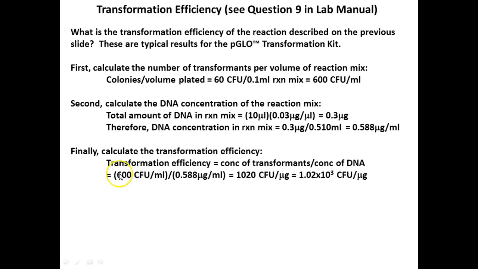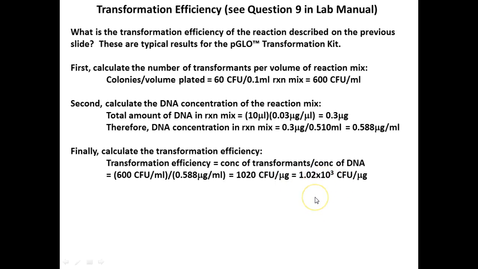So now we have 600 CFUs per milliliter divided by the concentration of the DNA, gives us about 1,200 CFUs per microgram.